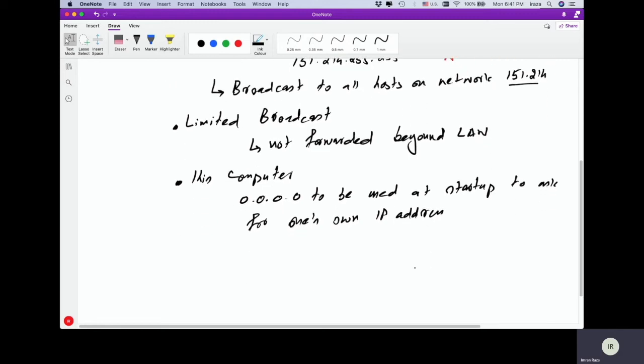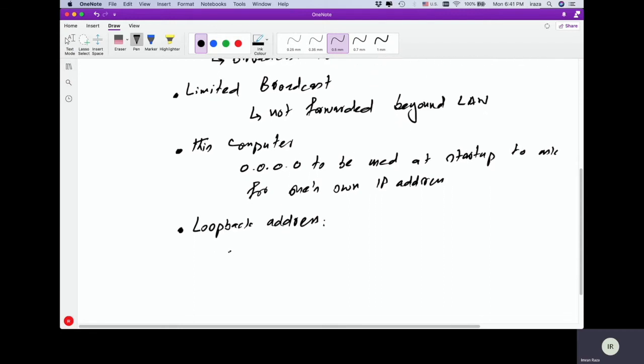Okay, and then we have another very important address, and we call it the loopback address. This loopback address is 127.something.something.something, and it is usually 127.0.0.1, and this is named localhost.